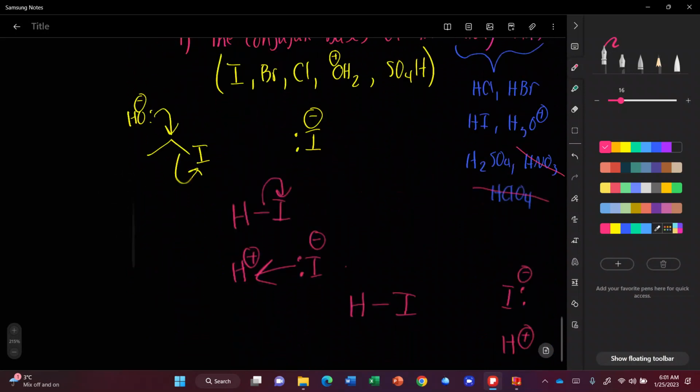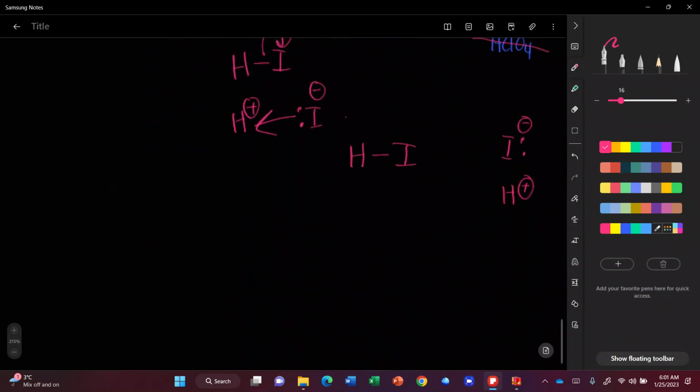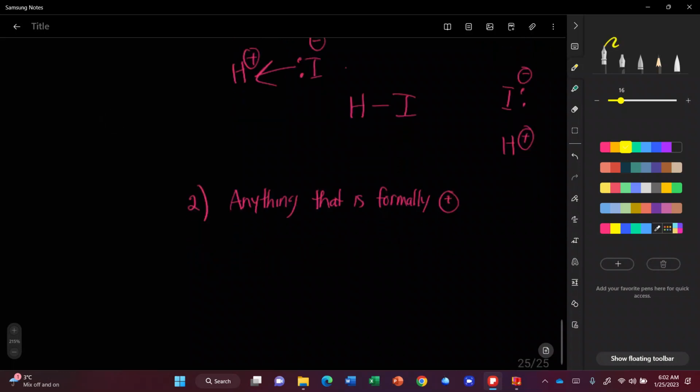Okay? So that's why this rule number 1 is an actual rule. So a leaving group is the conjugate base of a strong acid. The other kind of leaving group that you can have is anything that is formally positive. And that should make sense to you, because if something is formally positive, then it's going to want to leave, because if it leaves, it exchanges a sigma bond for a lone pair, which is going to get rid of that formal positive charge, right?